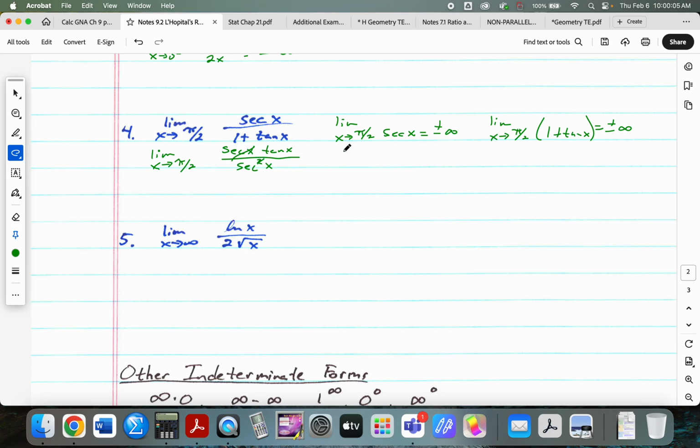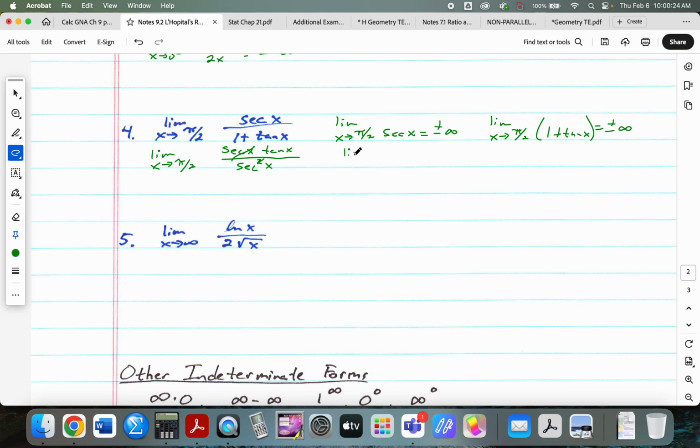Now, I already know that this tangent is going to be plus or minus infinity, and so is this secant. But I've made it a little bit nicer. Let's try using L'Hopital's rule one more time, and if it doesn't work, we'll try something else. Okay?